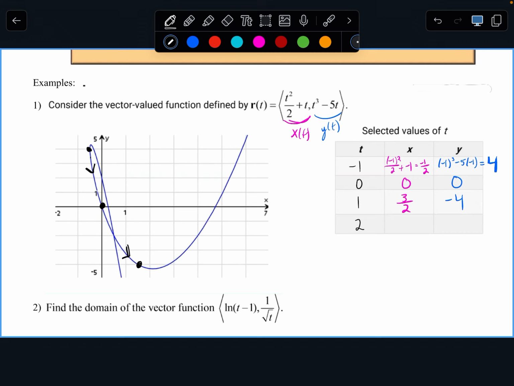So you can see how the graph is going. So then you can assume the rest of the curve is going that way. So it's starting down here and then looping up.